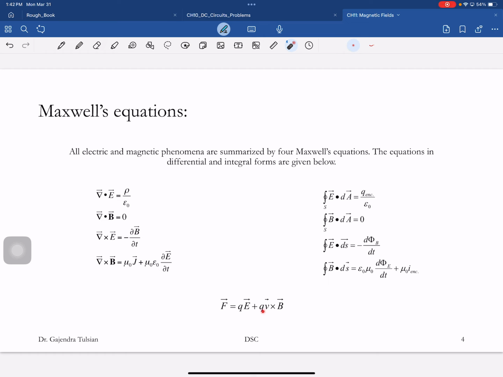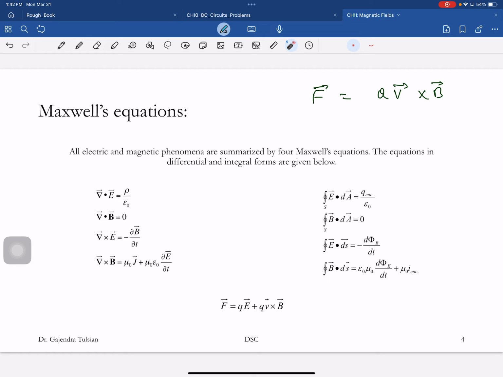What this equation tells you is when will this force be zero? Let me just write this. Under what conditions will this be zero? Let's say Q is non-zero and V is non-zero. Can this still be zero? When will it be zero? There's no magnetic field at all. Okay, so none of those terms are zero.